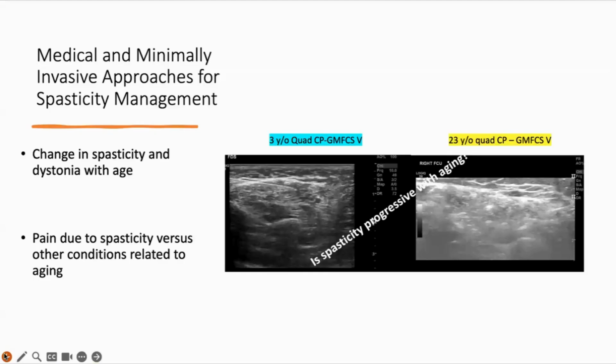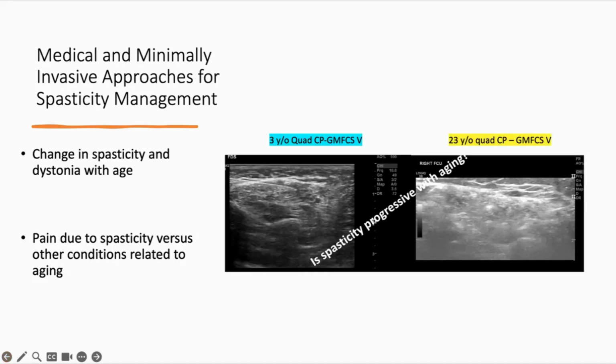So pain is common in adults with CP. Pain studies have shown that pain was not associated with GMFCS level, and pain increases with age and was a predictor of lower quality of life. Self-reported spasms were associated with increased pain as well.